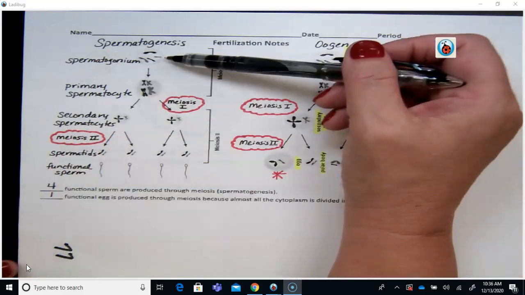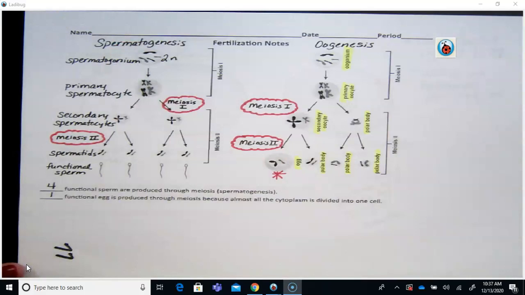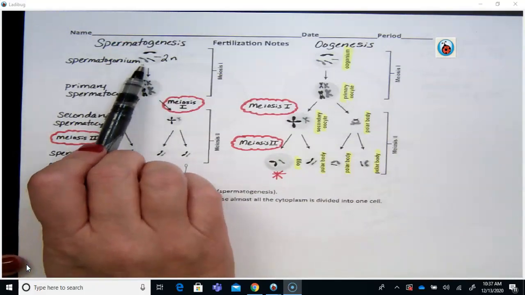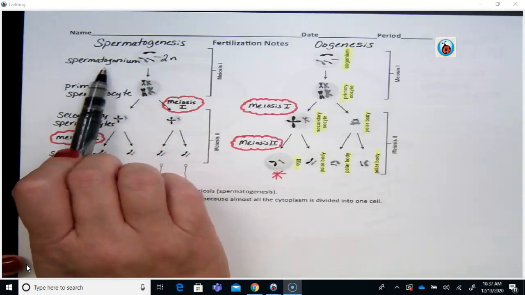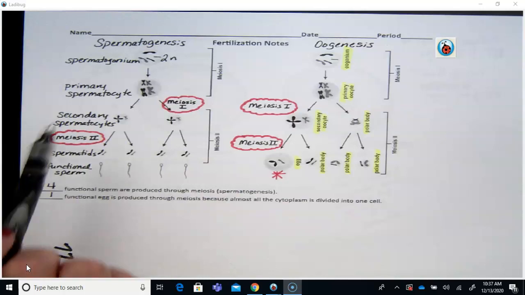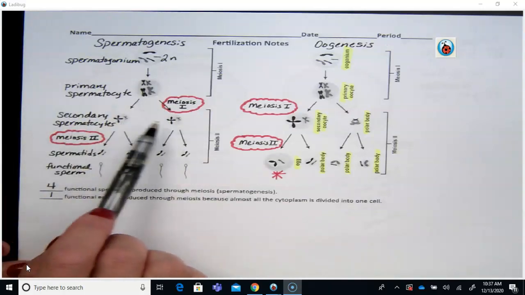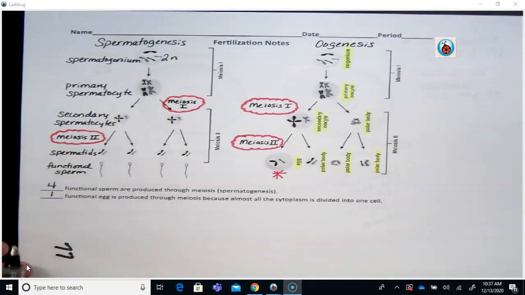And we're going to start with a diploid cell. Okay, so this cell is diploid, and it's just a model cell. Again, if this was a human, there would be 46 chromosomes here. This cell is called a spermatogonium.